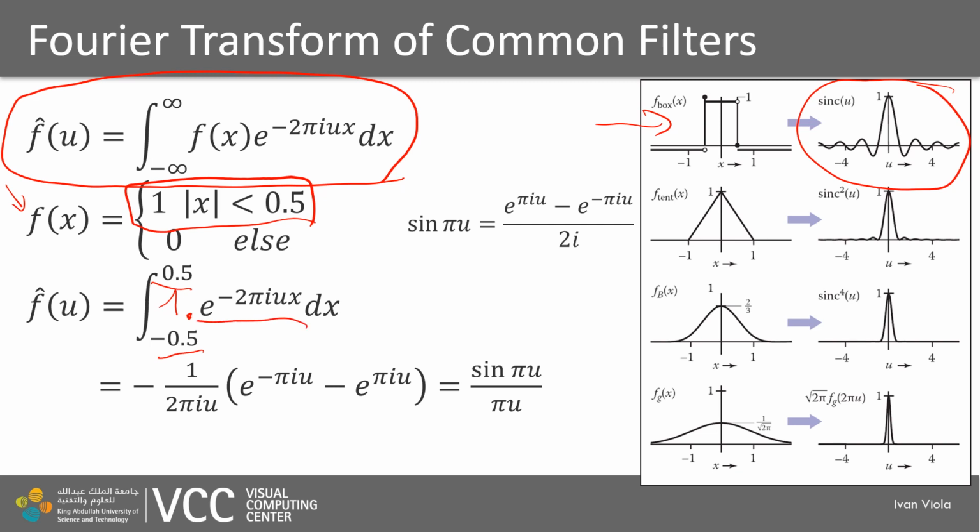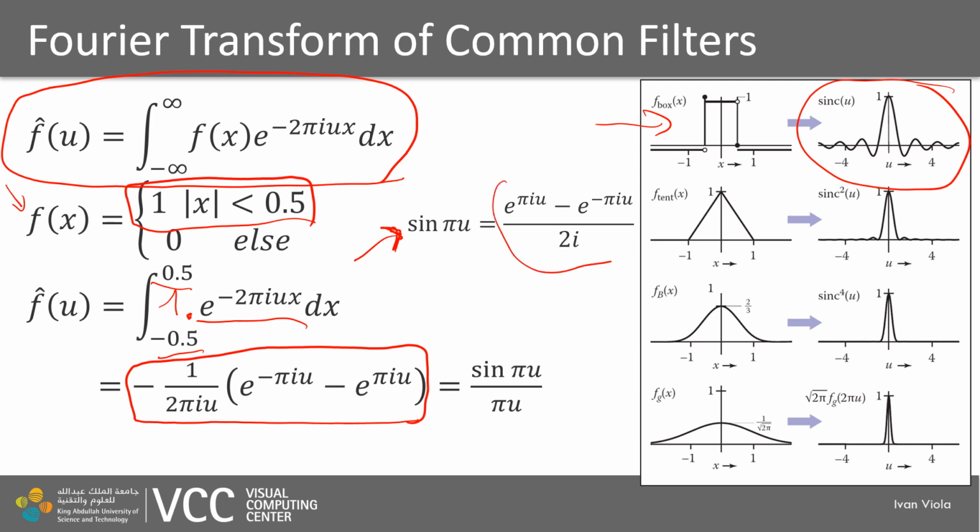And this is a relatively simple function to integrate. So if we perform the integration, this will be the result of the integration. And at the same time, what we know is the correspondence between the sine function and the e to the power of something function.